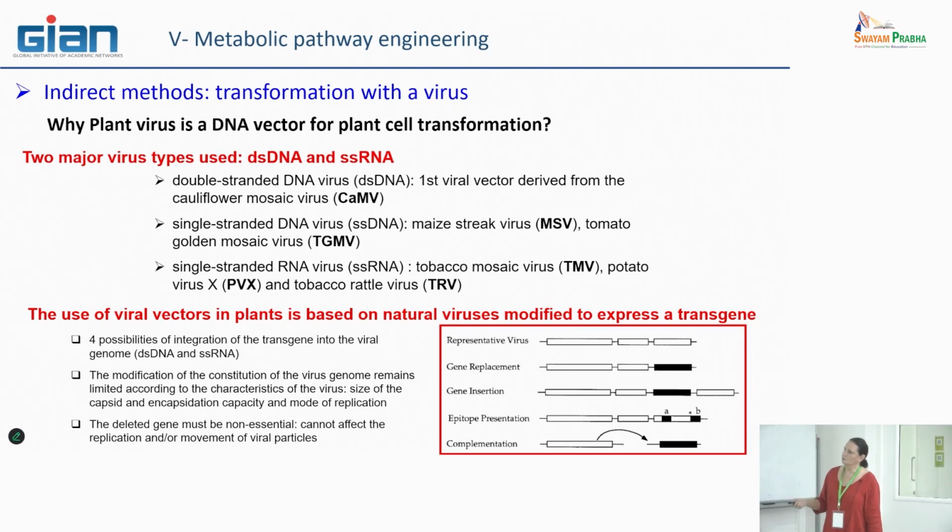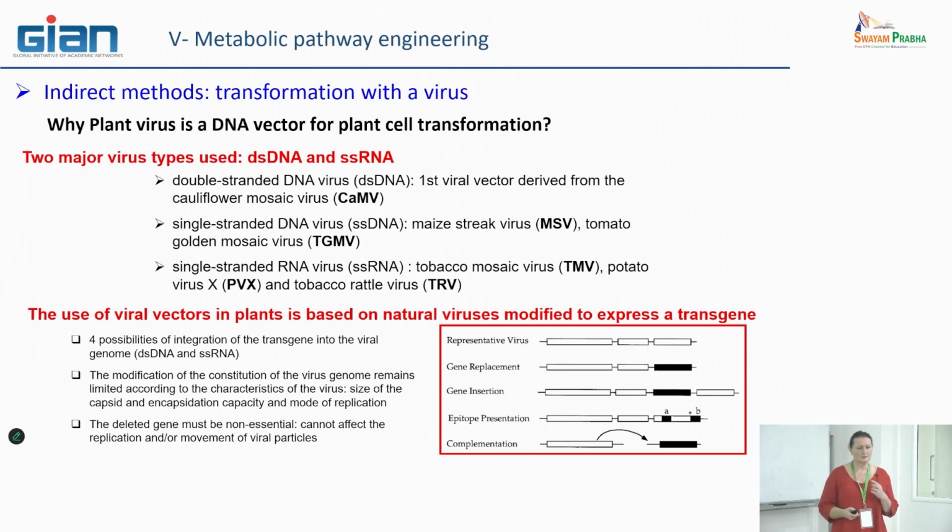And here are the four types of virus genome modification that can lead to specific plant transformation. Either the natural one, the wild type of the virus, or you can replace some of the genes in the genome sequence of the virus, or you can insert a new one.